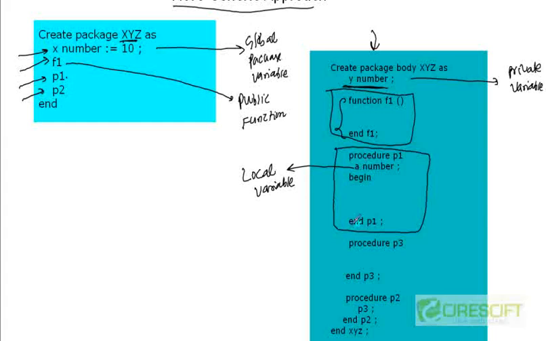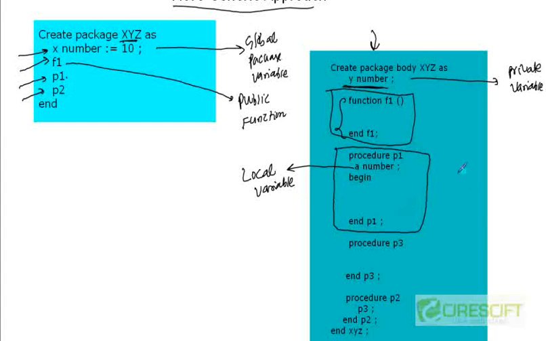So we have a global variable x, a private variable y, and a local variable a. X is accessible inside this package body and outside this package body, whereas y is only accessible inside this package body, whereas a is only accessible inside this procedure. That is the difference between x, y and a.